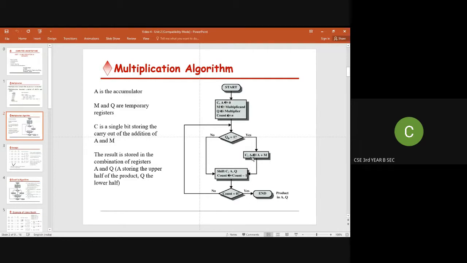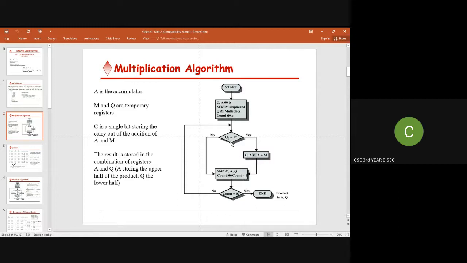So if Q naught is equal to 1, we add A plus M, and then we do the shift operation, shift C, A, Q. We shift all three variables, and we reduce the count value by 1.